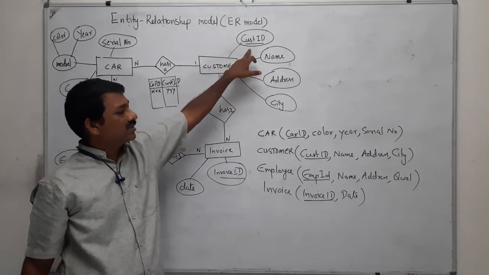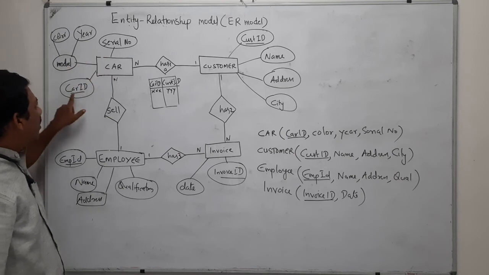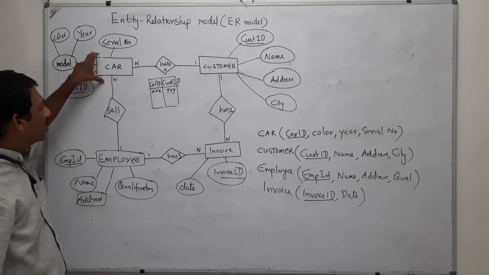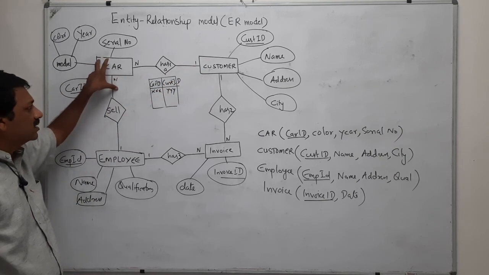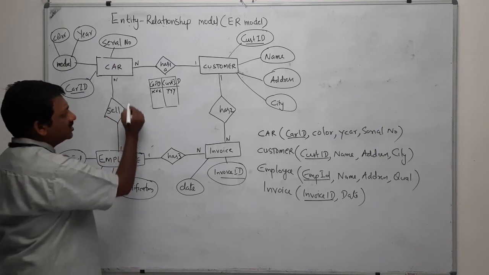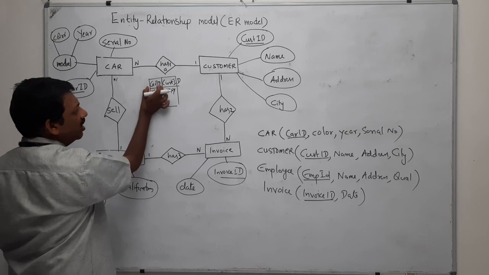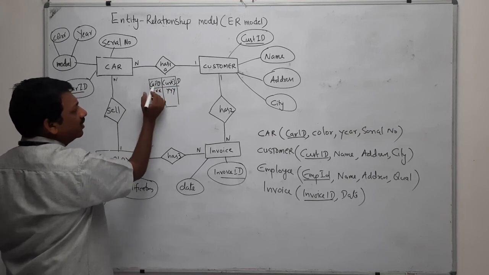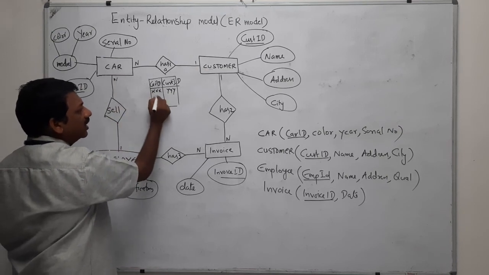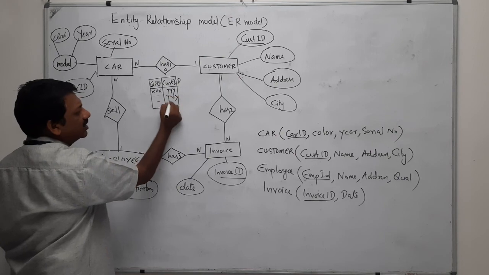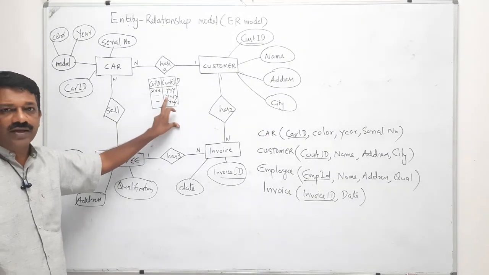Customer entity is having customer ID as the primary key, and car ID is the primary key for car. That means a car is having a single owner, whereas a customer is having multiple cars. Here you are connecting your car ID and customer ID. If he is owning 10 cars, then there are 10 entries with YYY. That means this is a kind of redundancy, that means duplication of information.